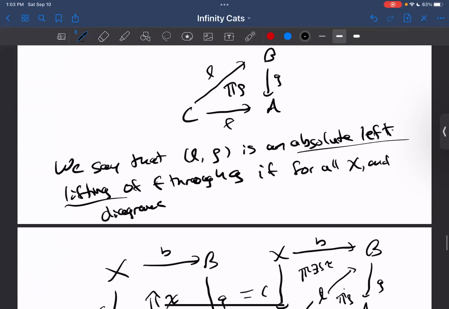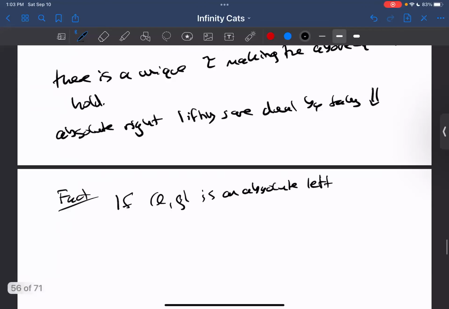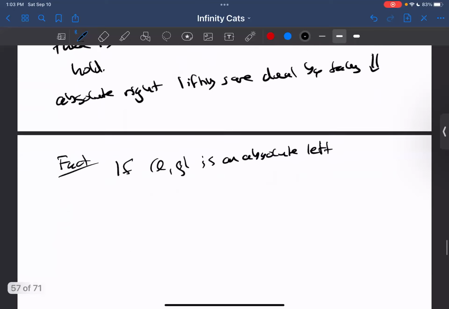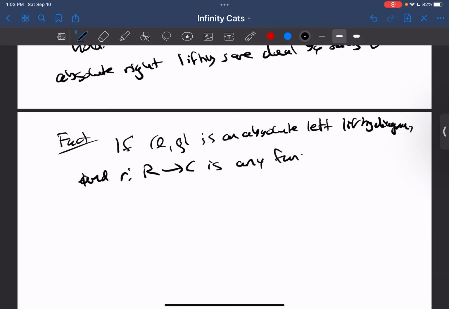So from GL down to F. All right, so if L, rho is an absolute left lifting diagram, and R maps R to C is any functor, then LR, rho R is an absolute left lifting diagram.